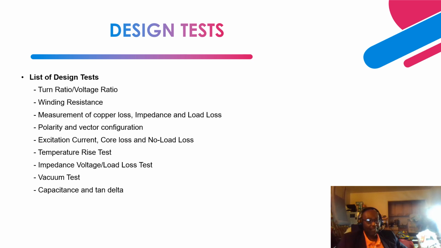Next is polarity and vector configuration. Polarity basically tells us the instantaneous direction of current flow into the high voltage winding and the low voltage winding. For the high voltage winding, the direction of current flow is into the polarity, and for the low voltage winding, the direction of current flow is out of the polarity. This test tells us that we have the right polarity of the winding arrangement.